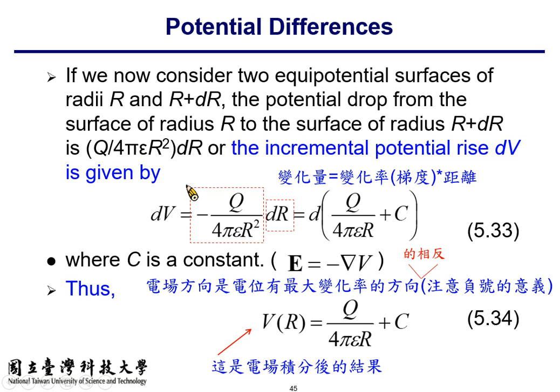Fortunately for this case, because the field built up by a point charge is spherically symmetric, we only have to deal with direction r. So we don't have to worry about theta and phi.